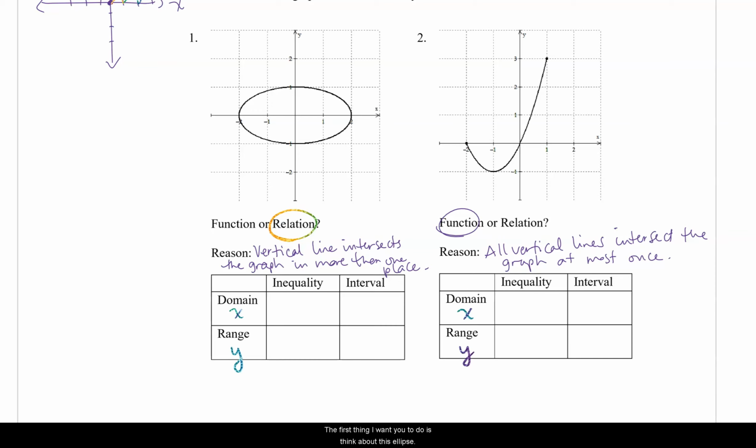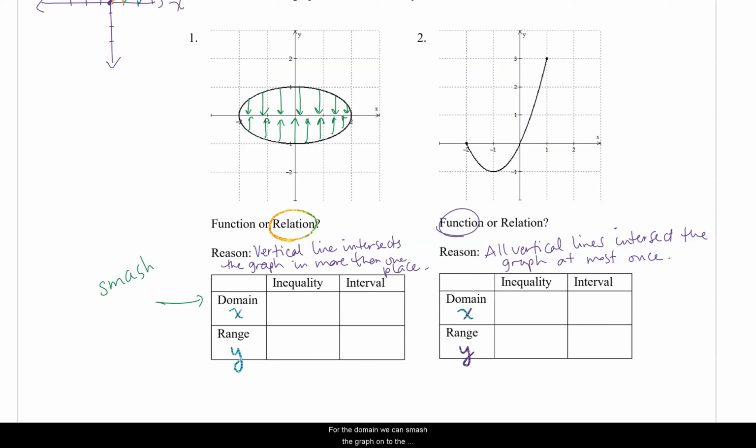The first thing I want you to do is think about this ellipse, and for the domain, take all of these values. We're going to smash the graph onto the x-axis. Almost like a panini press. If you've ever had a panini press sandwich, we're pushing from the top and from the bottom to squish the graph onto the x-axis.